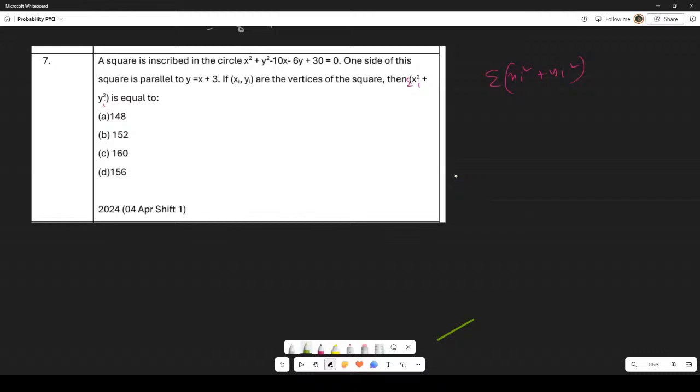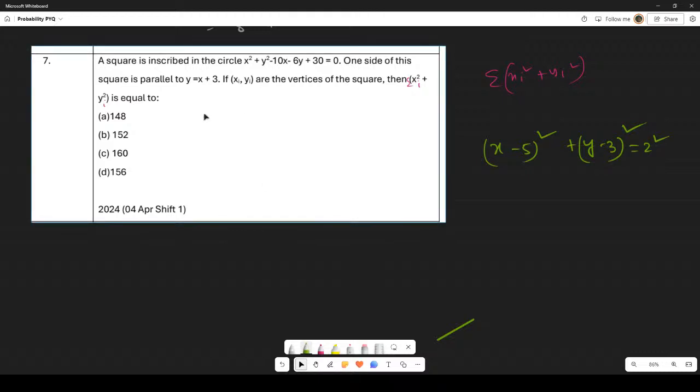Square is inscribed in a circle. First, you write in standard form. How much? 25 and like 34. 2 square, isn't it?